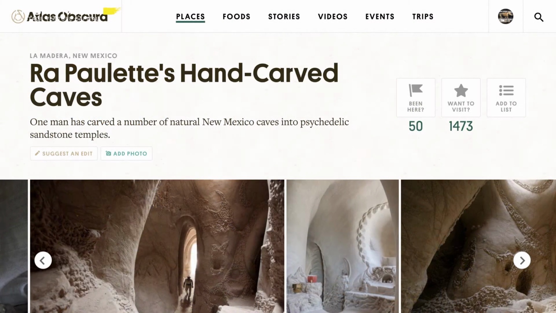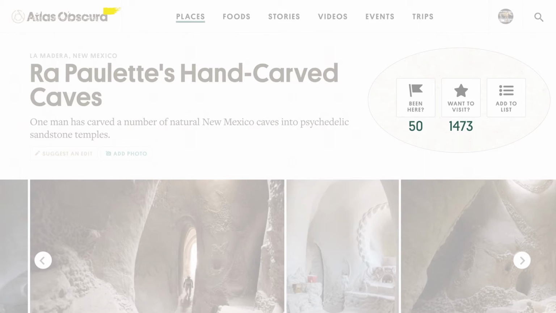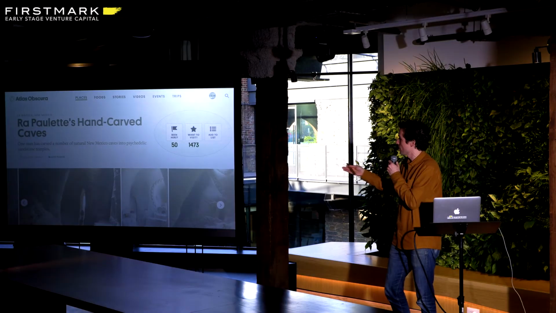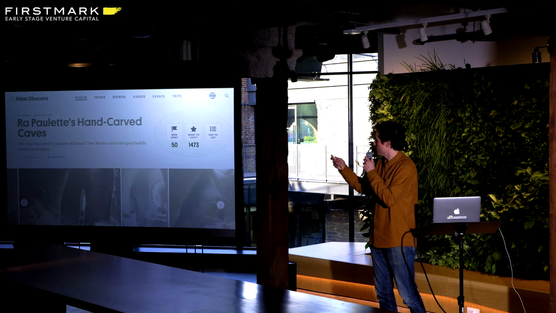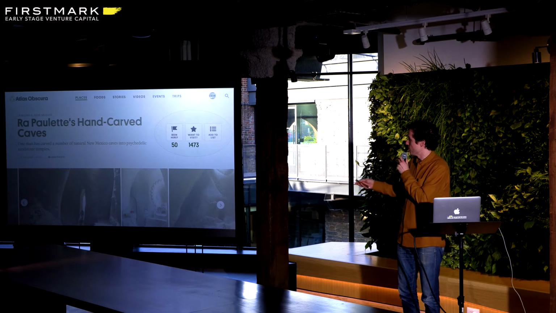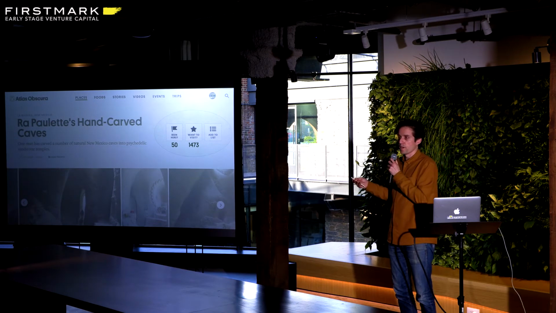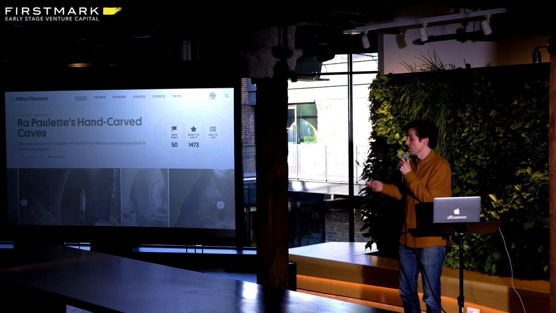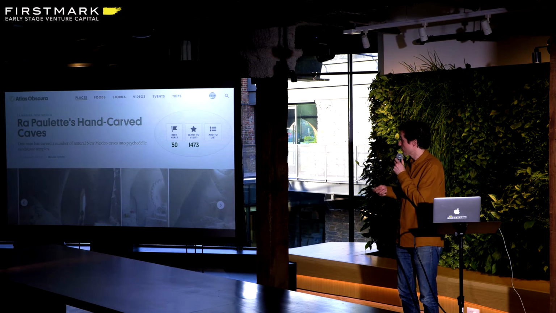This is back to our place page. In the top right, you can see these action buttons that we have for users to better curate their travels, so they can mark places in our database: places they've been, places they want to visit. They can create a list for a trip they're planning, so these are great tools for travelers to use as they're planning their trips.